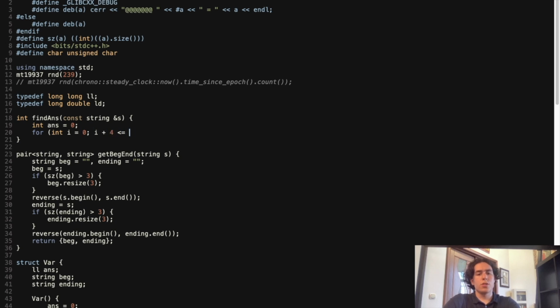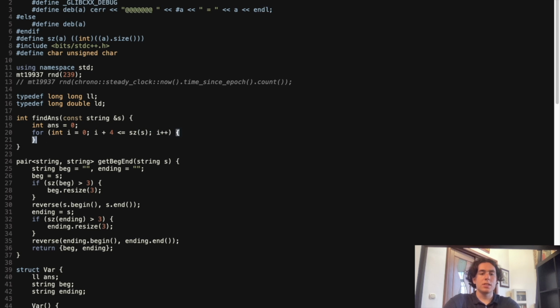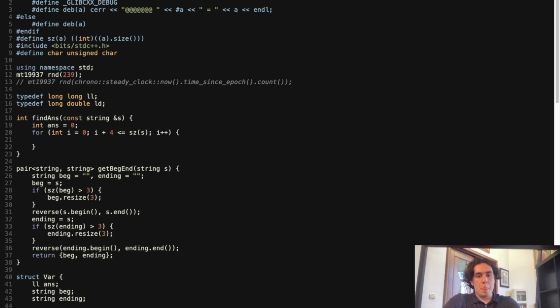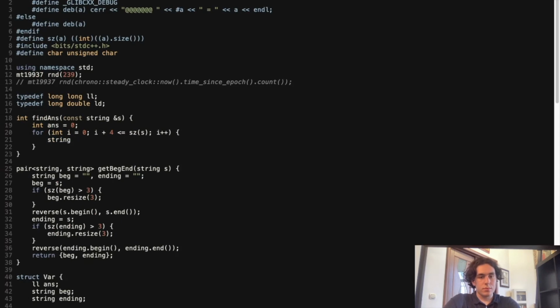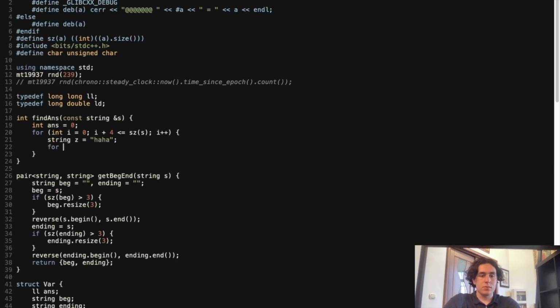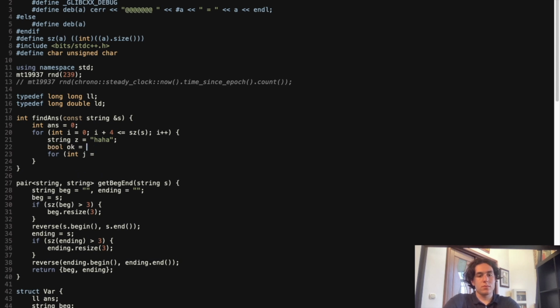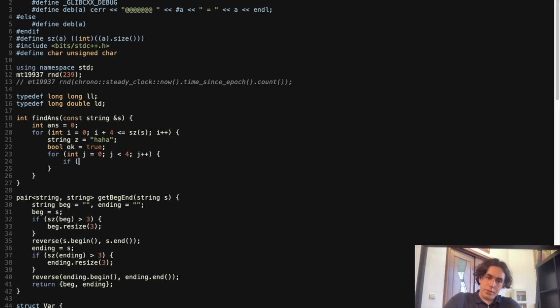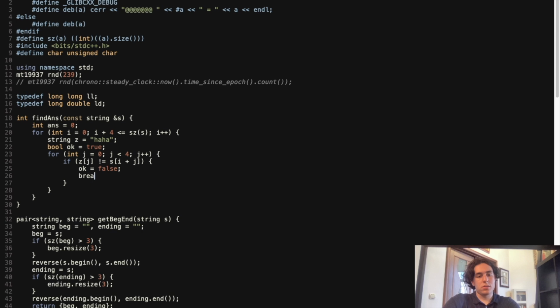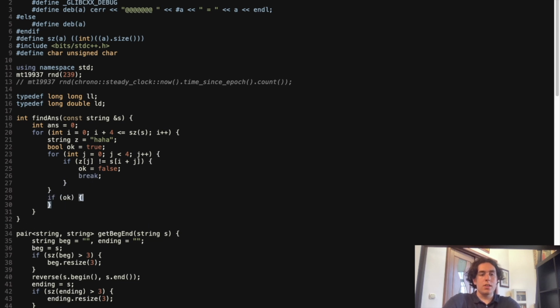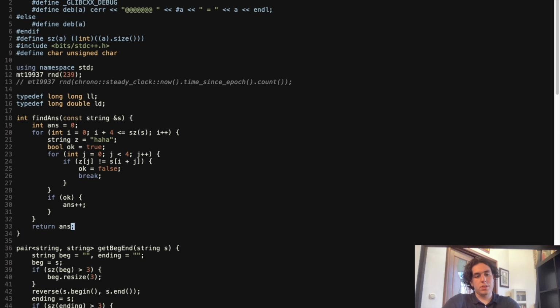And here we just go through the string. I plus 4 no more than size. If the j isn't equal s i plus j, false, break. If okay, answer plus plus, return answer.